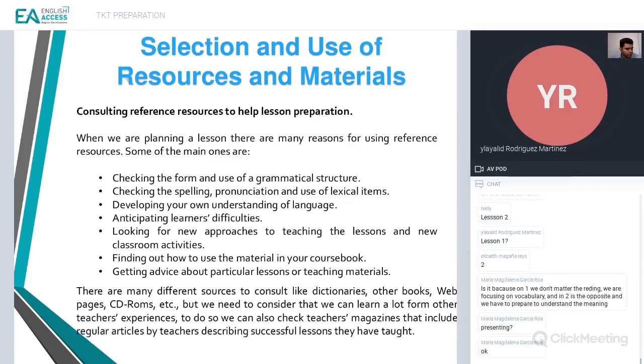Some of the main ones are checking the form and use of a grammatical structure, checking the spelling, pronunciation, and use of lexical items, developing your own understanding of language, anticipating learners' difficulties, looking for new approaches to teaching the lesson and new classroom activities, finding out how to use the material in your course book, getting advice about particular lessons or teaching materials.